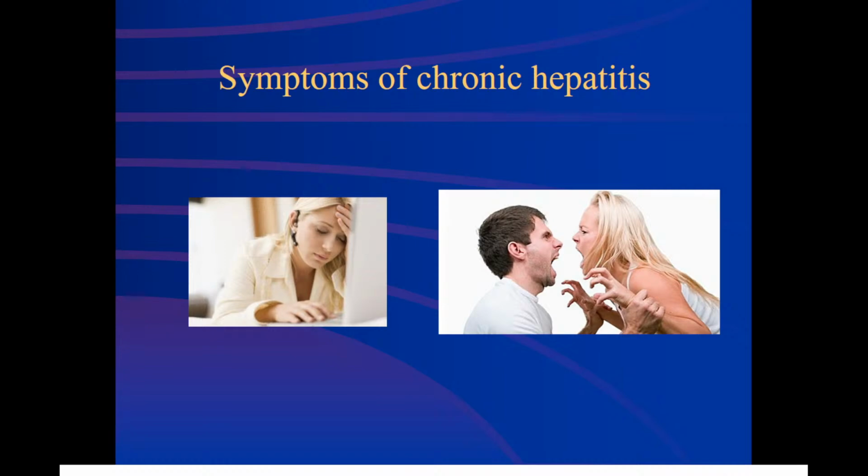In more severe stage of steatohepatitis or other types of hepatitis, for example, chronic viral hepatitis, there will be non-specific symptoms. Weakness, maybe aggression without any etiologic factors. Patient feels sick but doesn't know why he is sick.